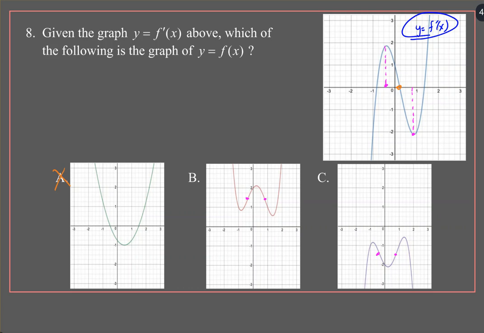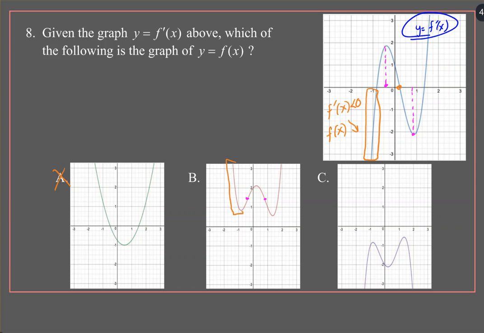I could continue with this, but I might go with something a little bit different here. I'm going to use the first derivative, and I can see from over here, f prime of x is less than 0. So therefore, f of x must decrease. It must be going down. So the only graph that's going down to negative 1 is here.